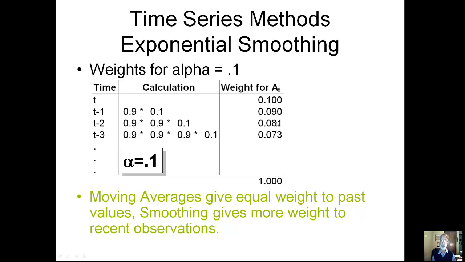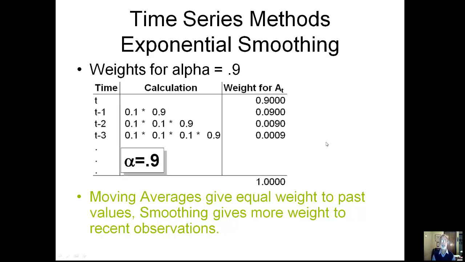And again, you can see the weights decline throughout all of the data you have in the history of your data, but they all sum to equal. So notice now the weights are not the same, whereas in moving averages, they would have been the same. If we take a look at a higher weight, 0.9, notice they also decline, but notice how very rapidly they decline.